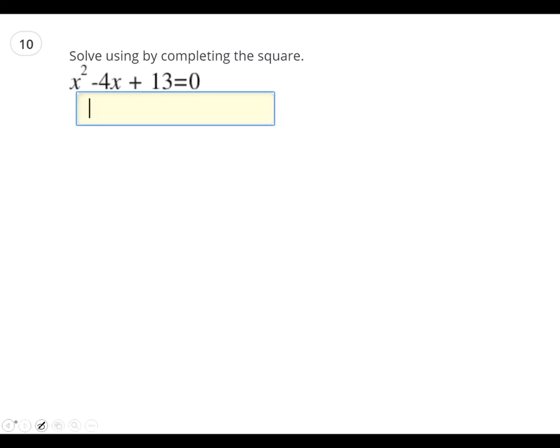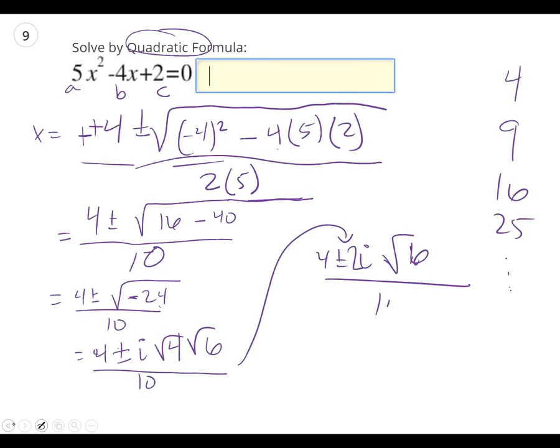However, we could probably simplify it a little bit more. So we could do 4 plus or minus i square root of 6 over 5.